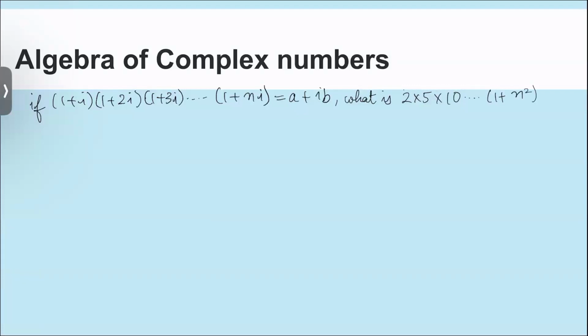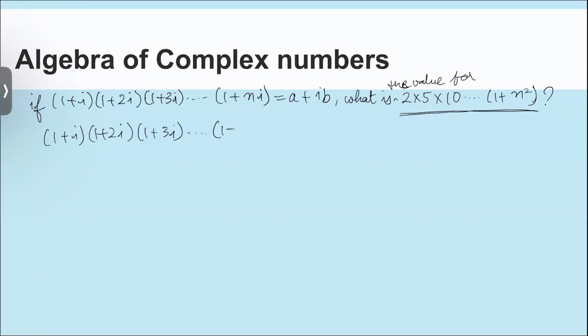So we have to get the value of this. We already have (1 plus i)(1 plus 2i)(1 plus 3i) up to (1 plus ni) is equal to A plus iB.